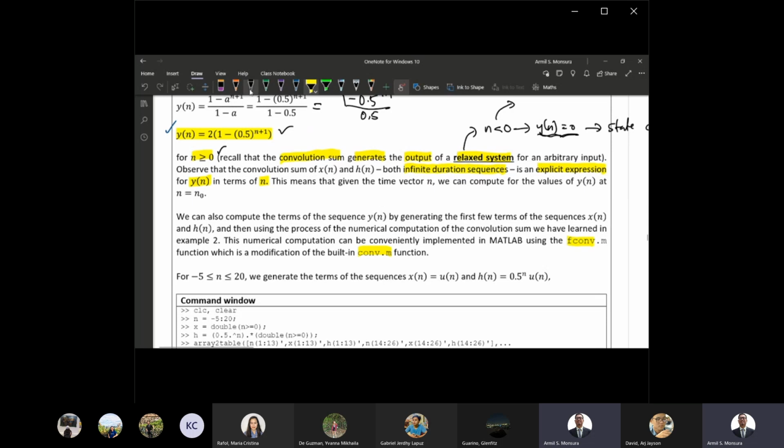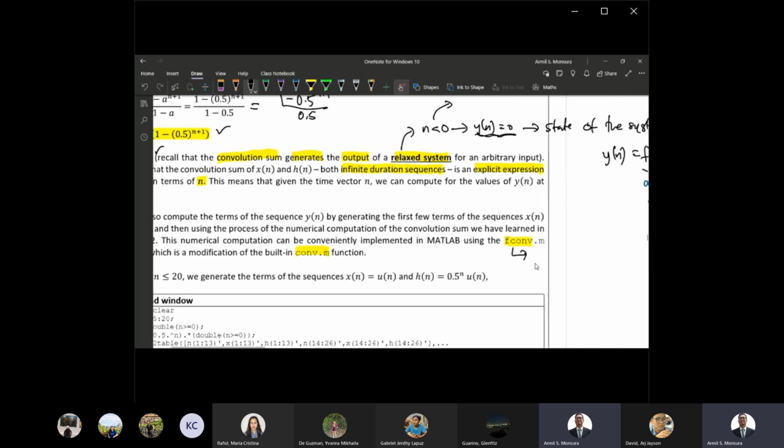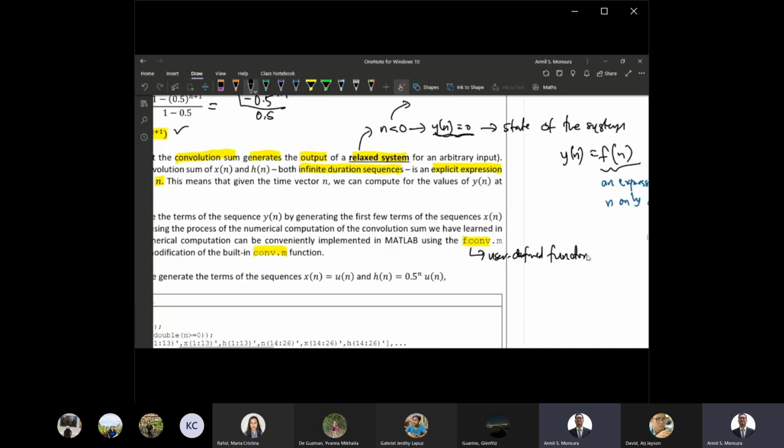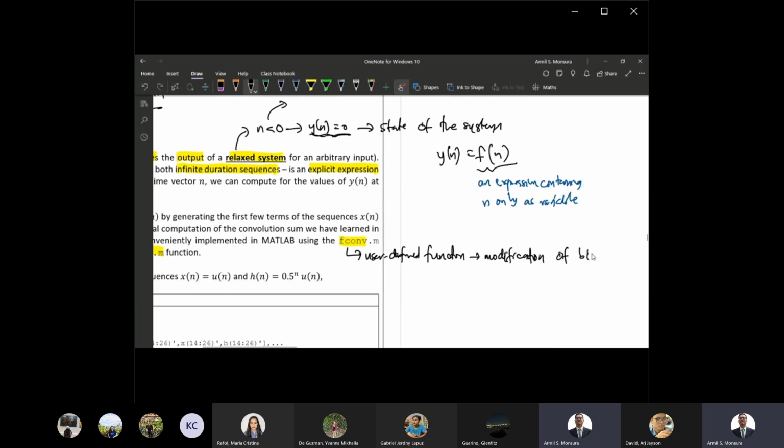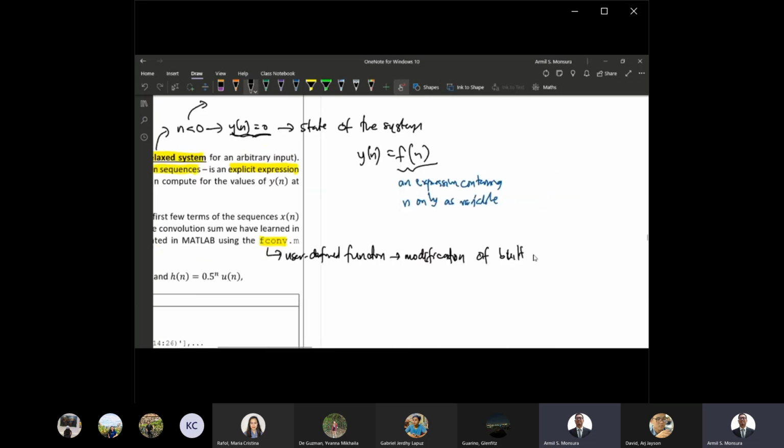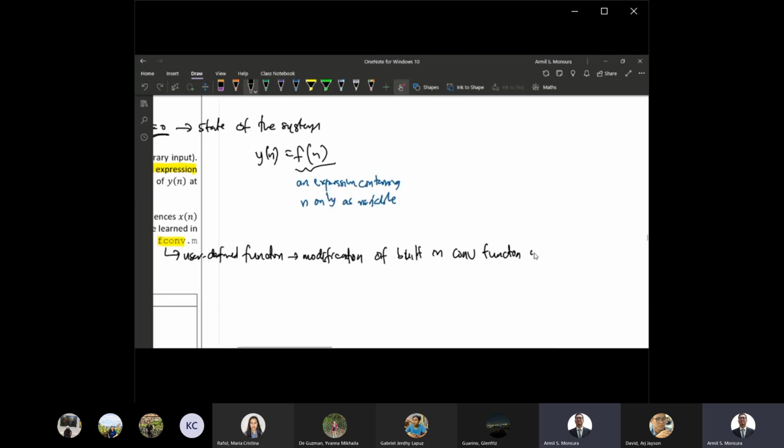Okay, so this is now a custom or a user-defined function, which is a modification of the built-in CONV function of MATLAB.